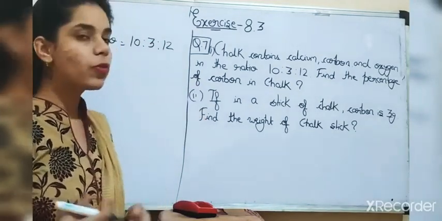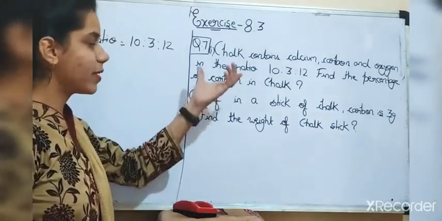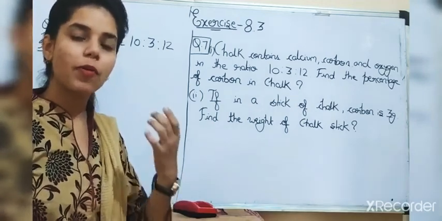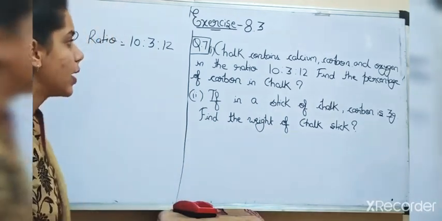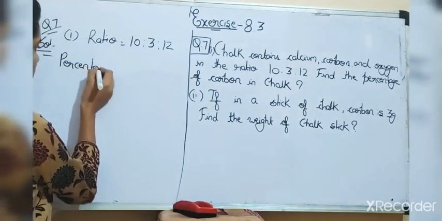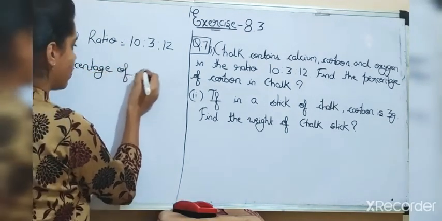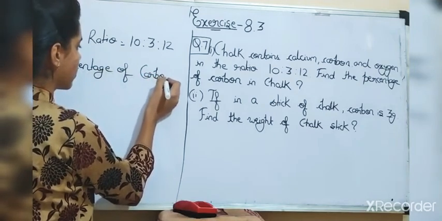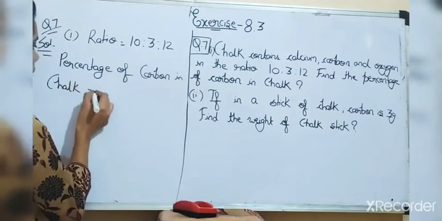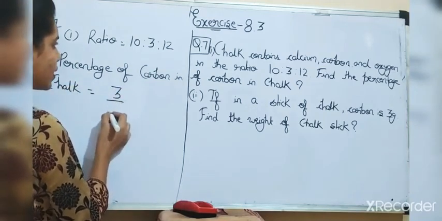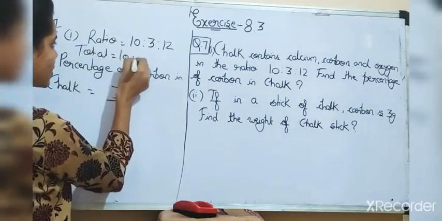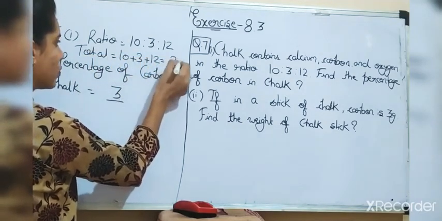Now find the percent of carbon in chalk. Okay. So how to find out the percent of anything which is given in the ratio? That part on which we have to find out the percent, upon total part, into 100. So 3 by total part, 10 plus 3 plus 12, 25.